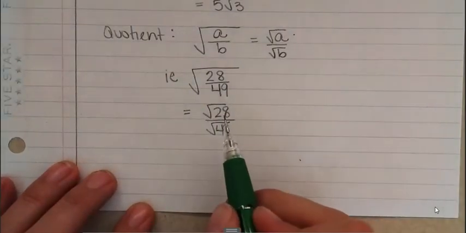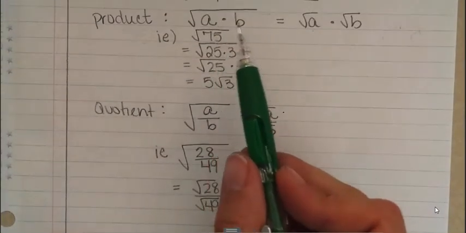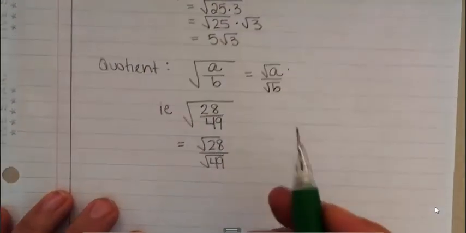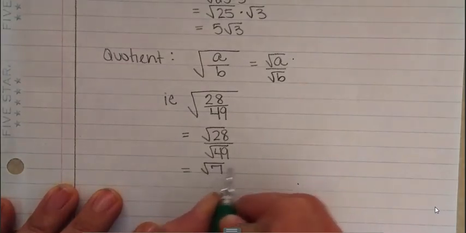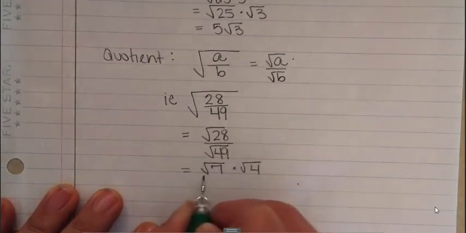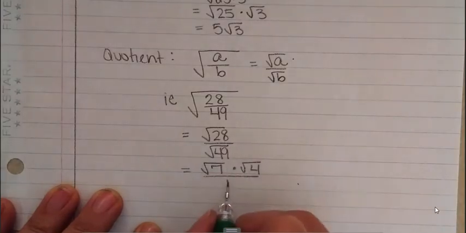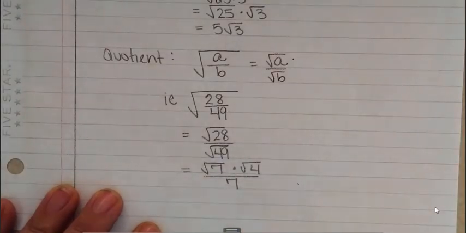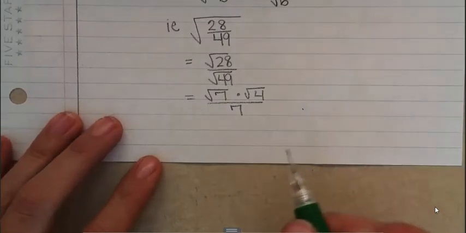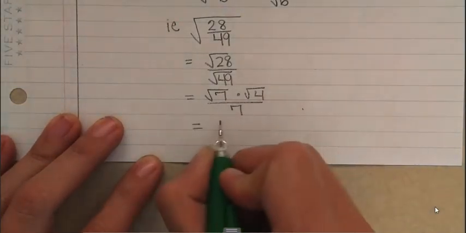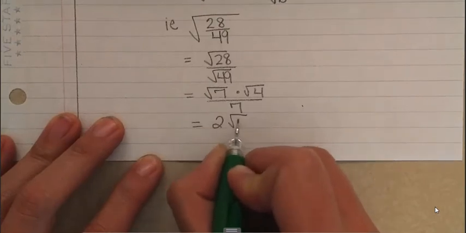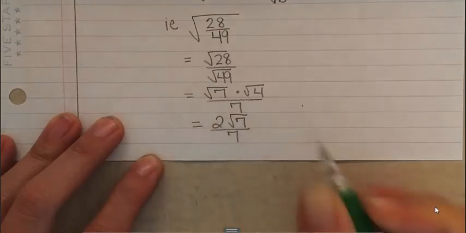Now I might want to go back and use my product property here. So the square root of 28 is really the square root of 7 times the square root of 4, and the square root of 49 is really 7. Well, I can't take the square root of 7, but I can take the square root of 4. So that gives me 2 root 7 over 7.